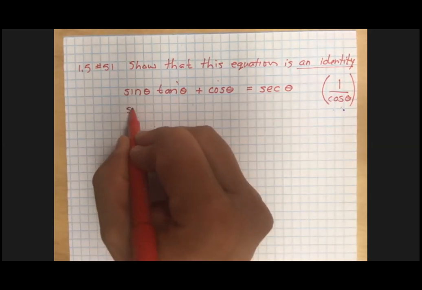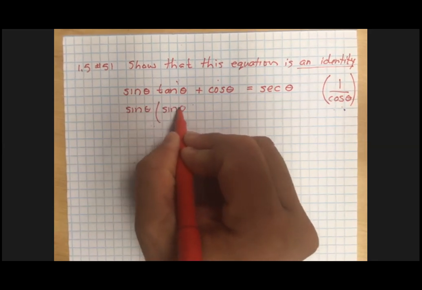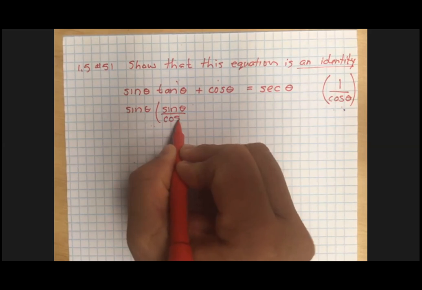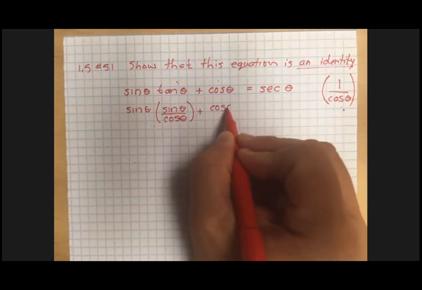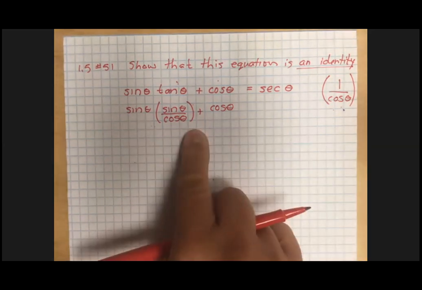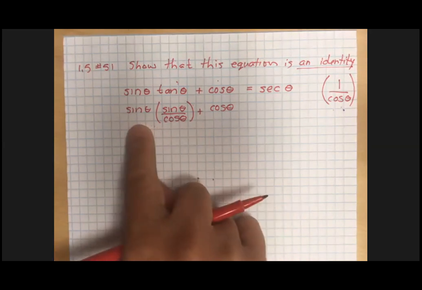I could start by saying, I know tangent is sine over cosine. Maybe that will help me. And your first reaction is, no, that didn't help. That made it look worse. But sometimes this is a good tip.